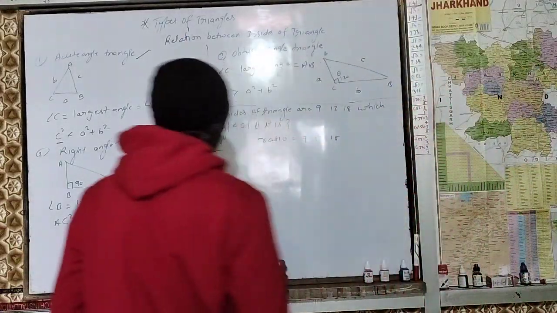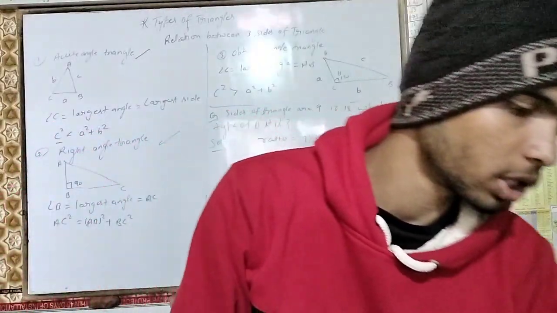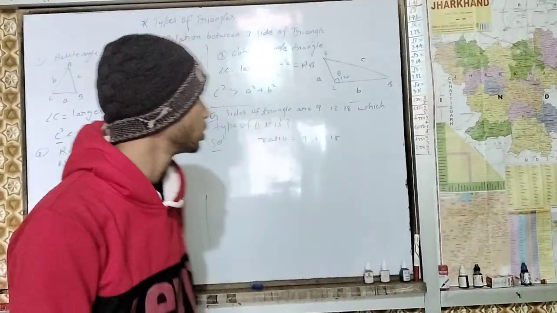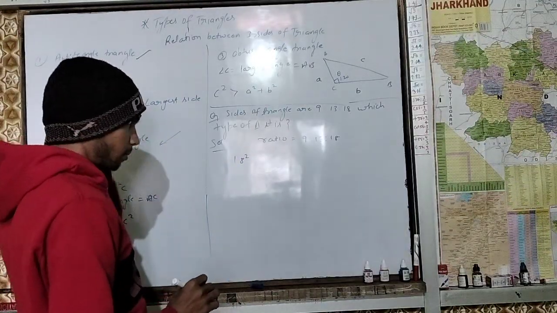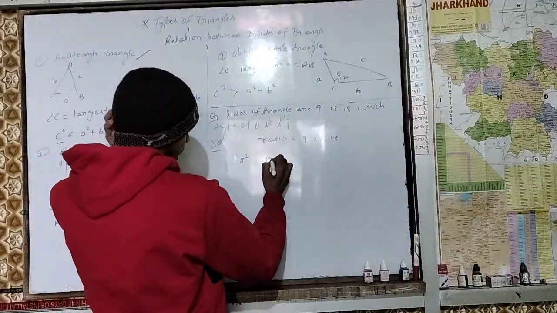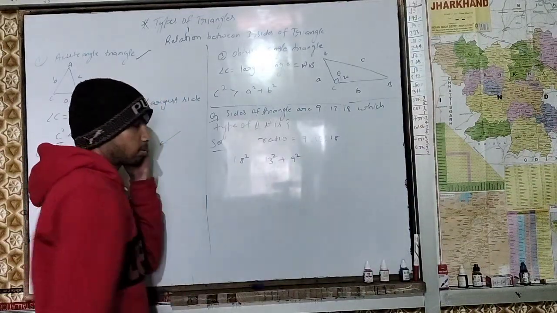Now, which one is greater from this ratio? You would say 18. And then 13 raised to power 2 plus 9 raised to power 2.